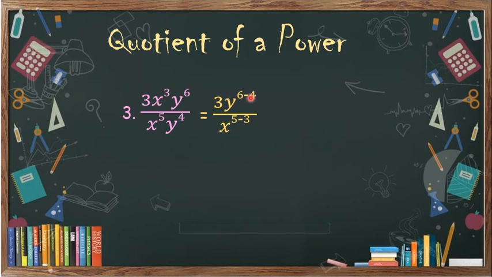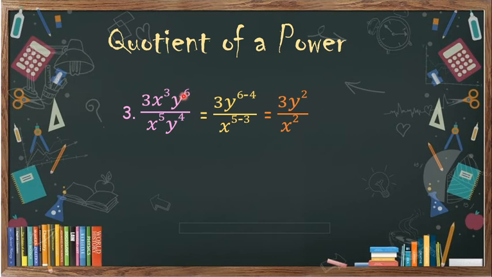So subtract their exponents, applying the quotient of a power. So we have here 3y, 6 minus 4, that is 2, x, 5 minus 3, that is 2. Just follow the position of the highest value of the exponent. It's just the same here.